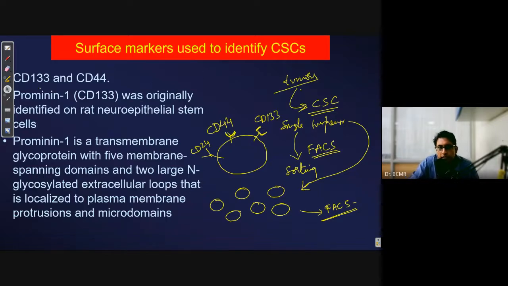In the majority of cases we'll find CD133 and CD44. It's a prominent one. I don't need you to mug up this, but the technique part is what you should actually know. It's a transmembrane glycoprotein that has some functions.